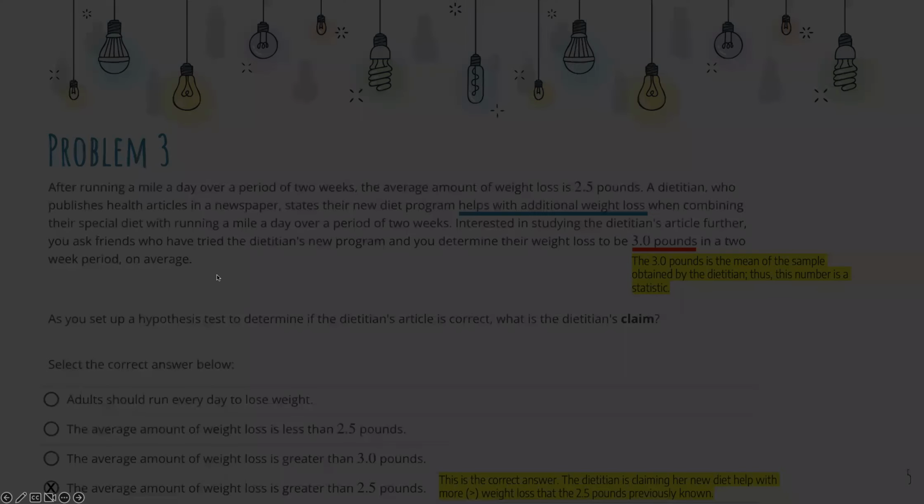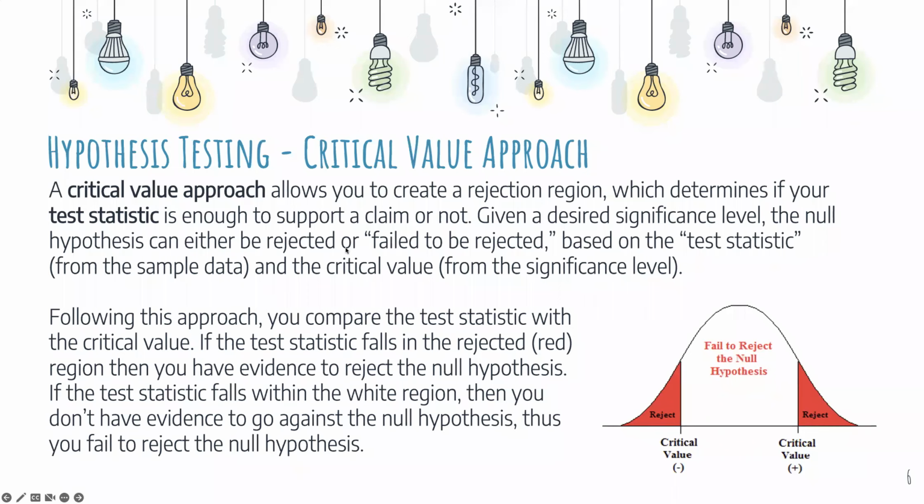So when we use a critical value approach, this allows us to create a rejection region, which determines if your test statistic is enough to support a claim or not. The test statistic is a value that is coming from the numbers that you get from your sample.